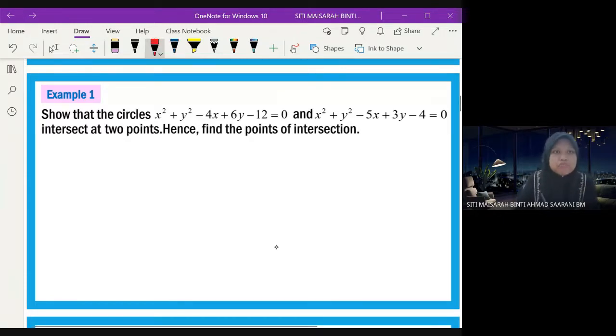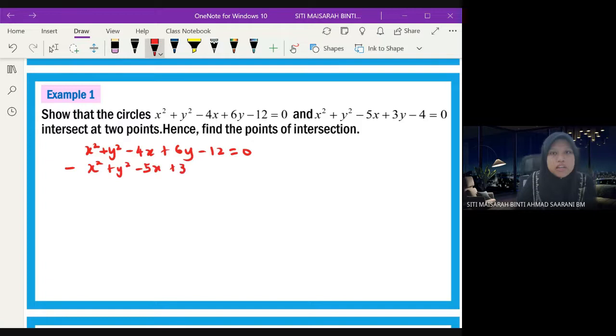So x squared plus y squared minus 4x plus 6y minus 12 is equal to 0. Kita tolak dengan equation circle yang kedua, x squared plus y squared minus 5x plus 3y minus 4 is equal to 0. So kita tolak. So we get yang ni habis.